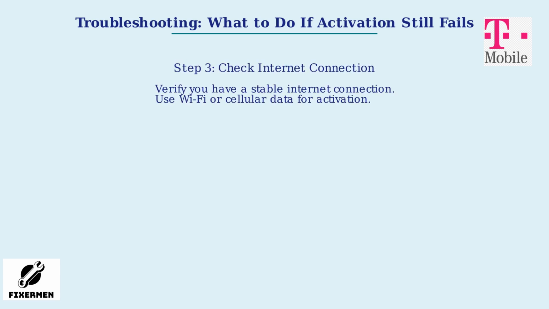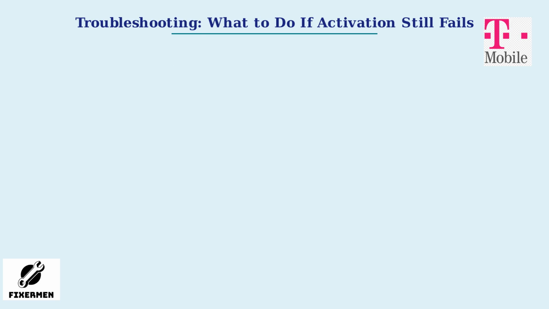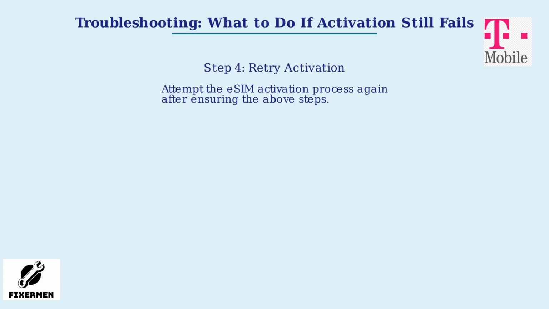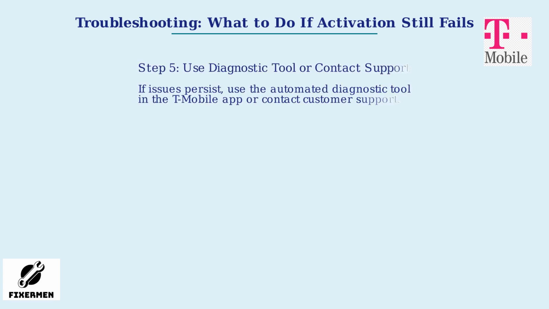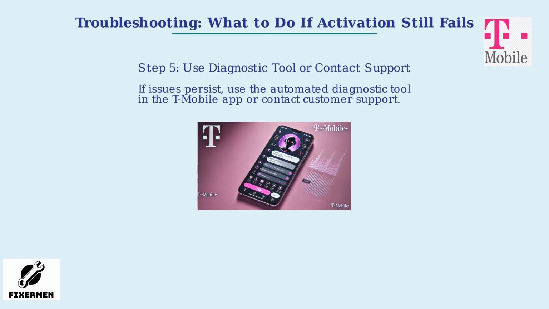Then, verify that you have a stable internet connection, either through Wi-Fi or cellular data, as this is required for the activation process. After confirming these basics, retry the eSIM activation process by following the steps in the T-Mobile app.